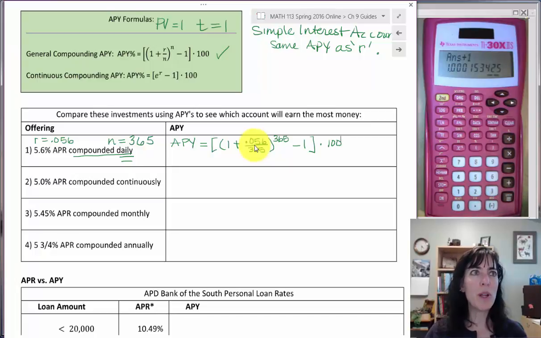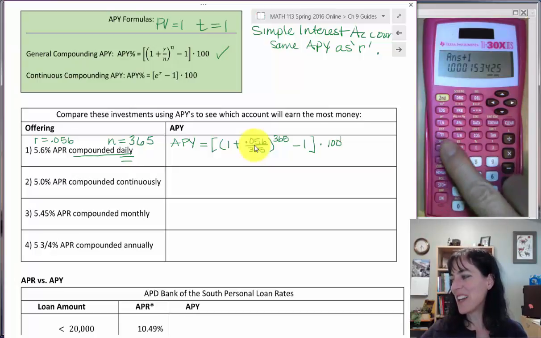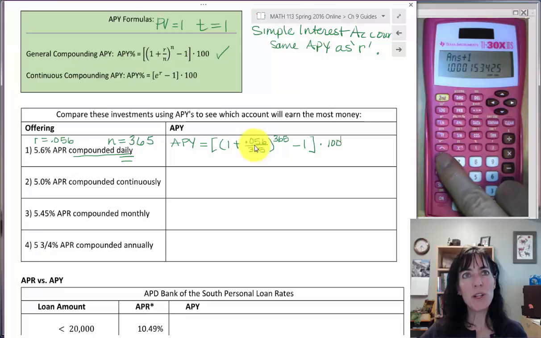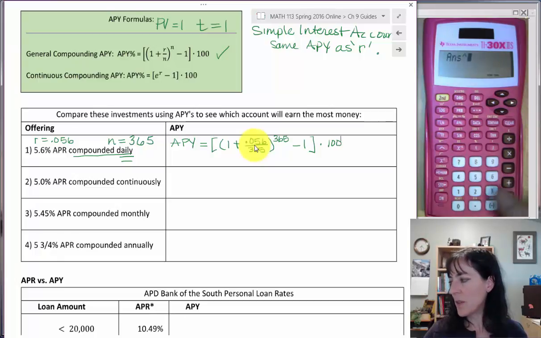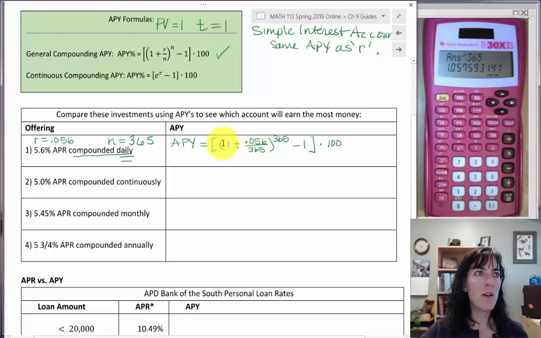So now I have 1.000153, and it goes on, to the 365. I'll use my to-the-power button, to the 365 equals. So now I've done all of this from here to here.